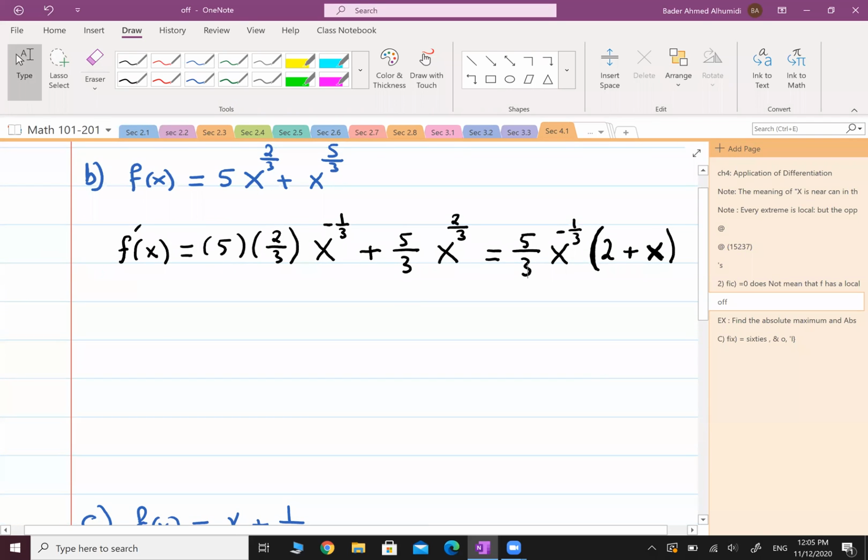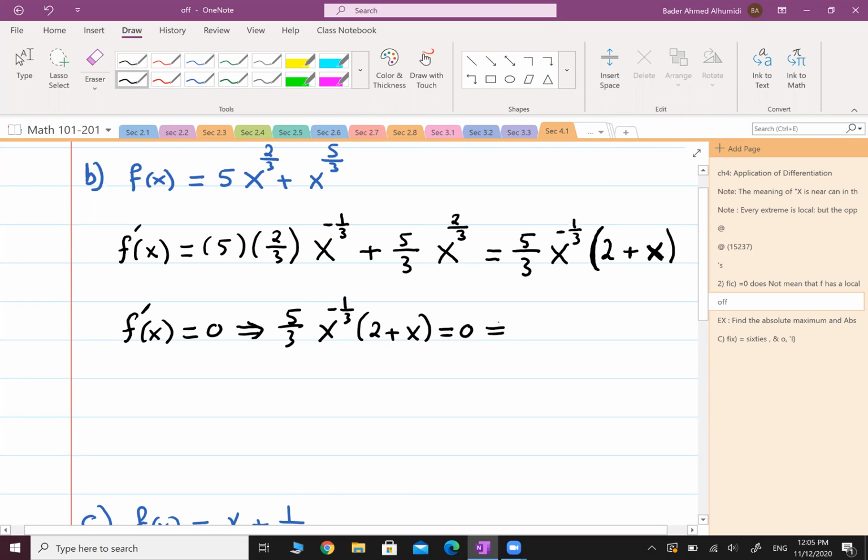I find the derivative, I simplified it only. Now I need to discuss two cases. The first case: if f prime of x is equal to 0, this implies 5 over 3 times x to the power minus 1/3 times (2 plus x) is equal to 0.